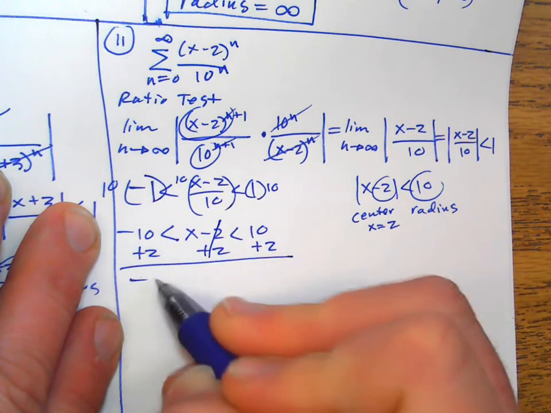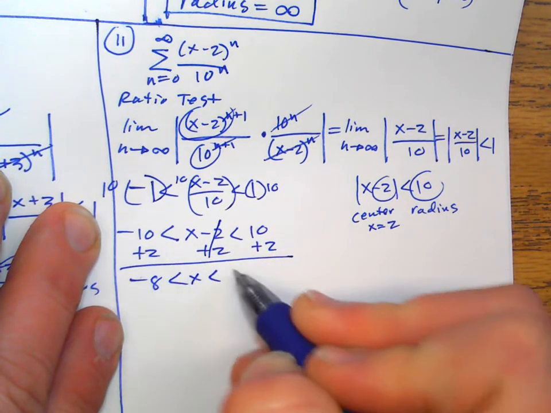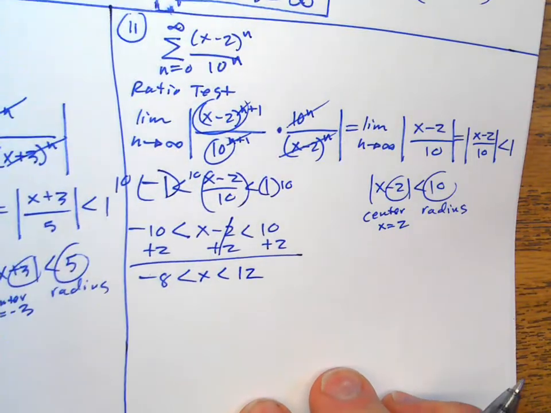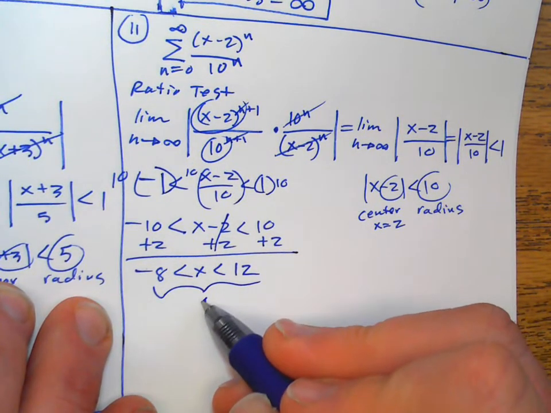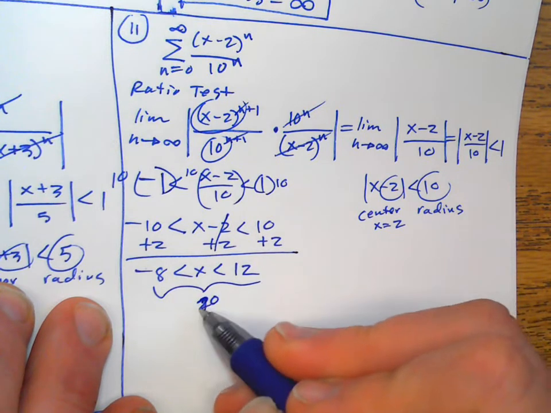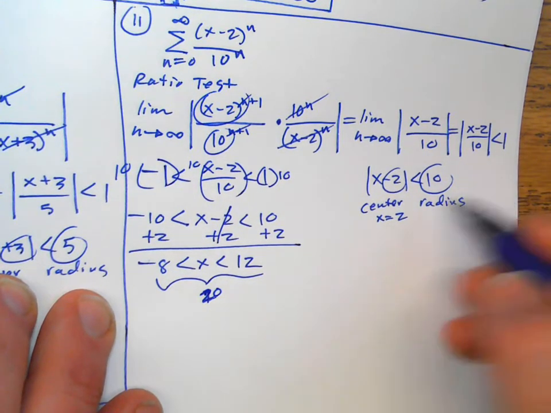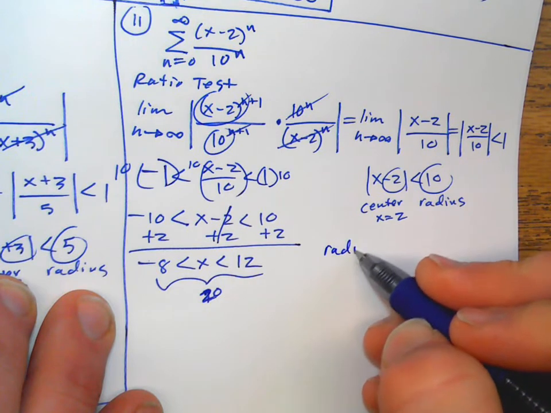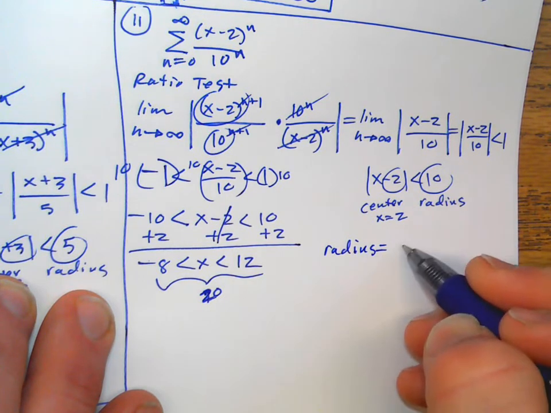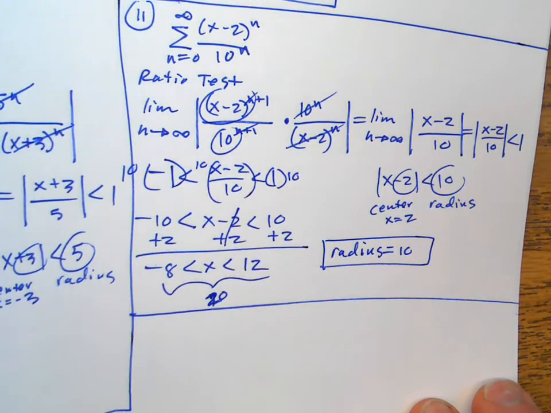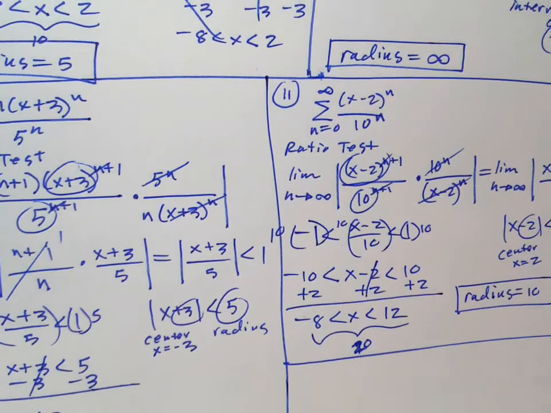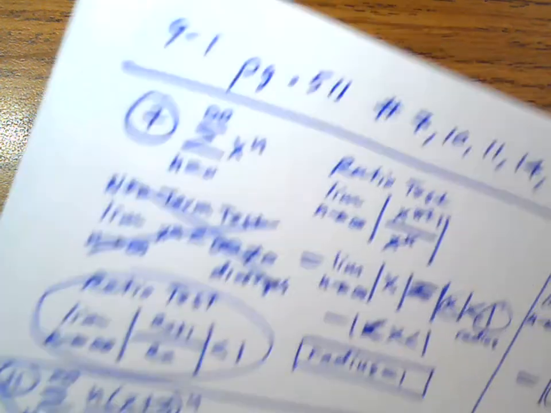You're getting better at it. But sometimes you don't have to do all that. So this is 20, right? Diameter. Radius is 10. So that's number 11. I messed up. Radius is 10. Okay, and then, I don't know, I haven't checked it, but I'm assuming that's right.